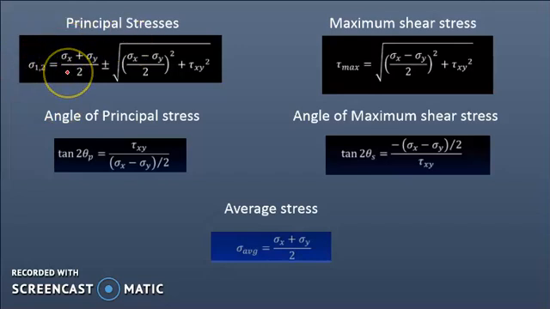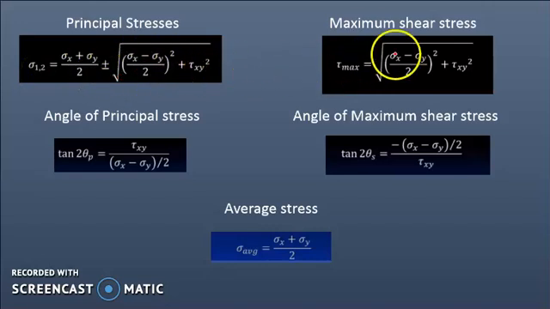Now for finding the principal stress, we have to use this formula if we go for the analytical method. Here sigma 1 and sigma 2 are the major principal stress and minor principal stress. Sigma 1 is the major principal stress, sigma 2 is the minor principal stress. The difference is that in sigma 1 we use the plus symbol, and in sigma 2 the negative one.